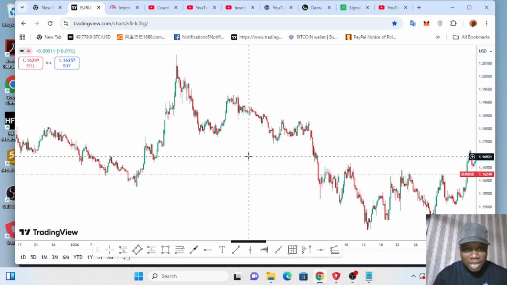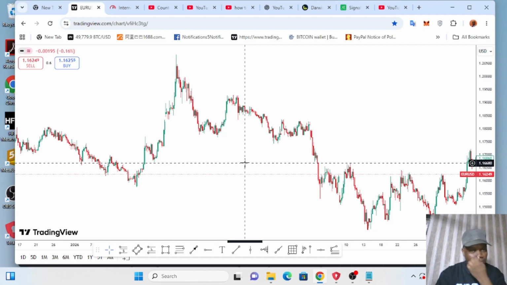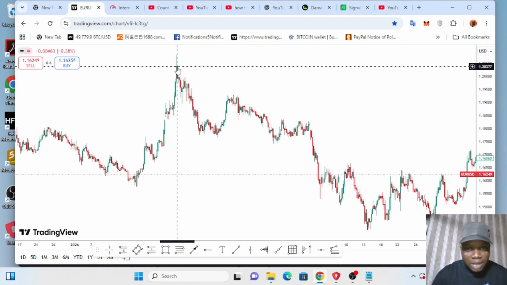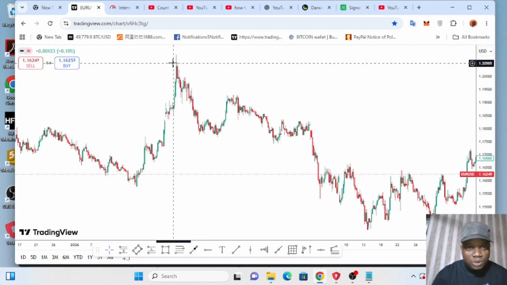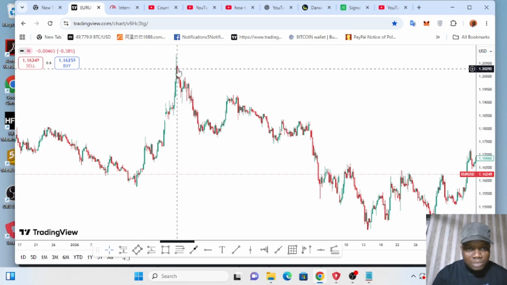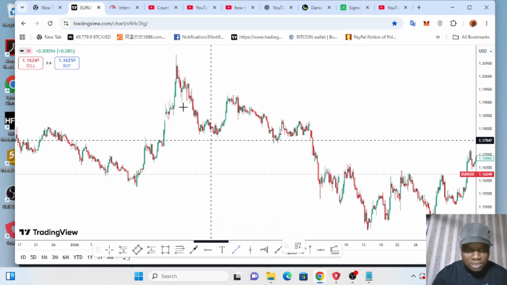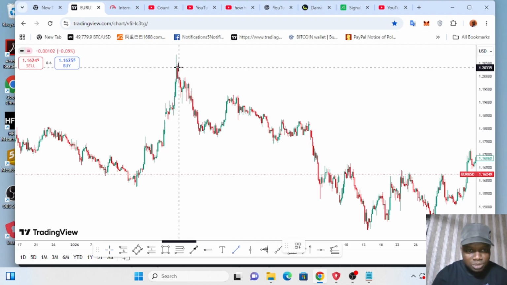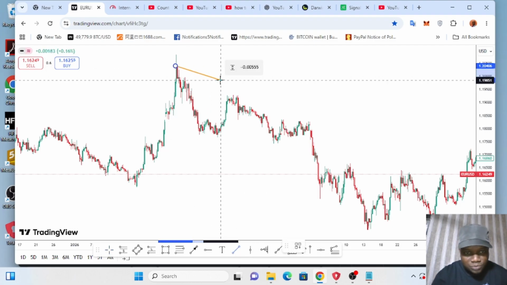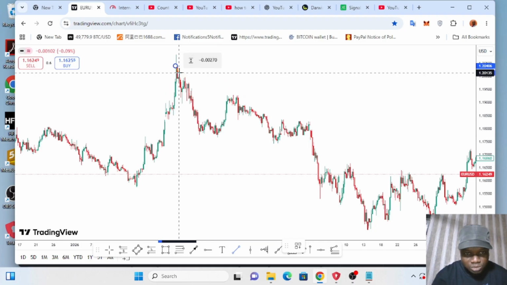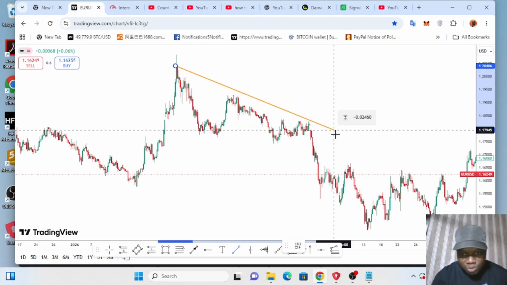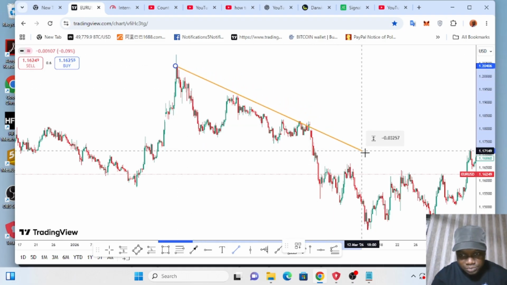What I'm going to use now is the closing price of the candle to the next one. Let's see what is going on in the market. They will pick their trend line from the close of the candle, not the week, and look for the next close of the candle.